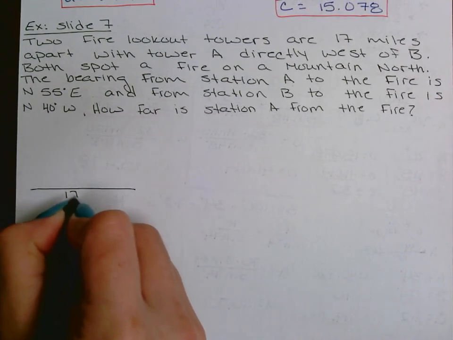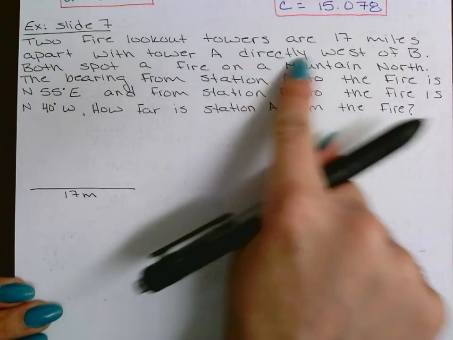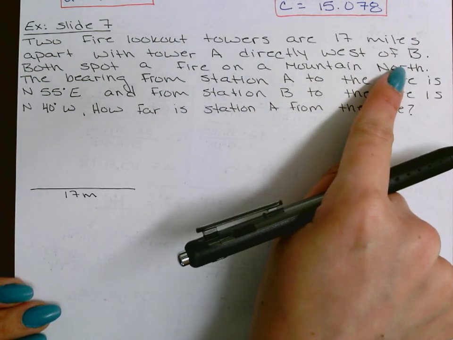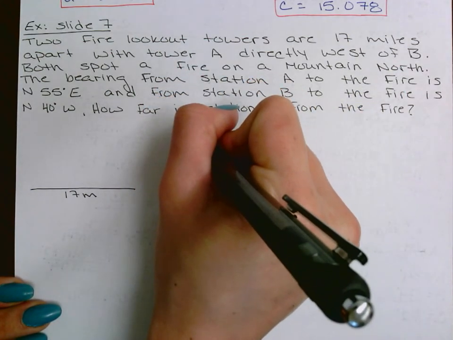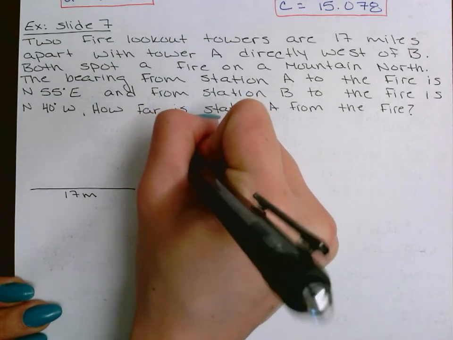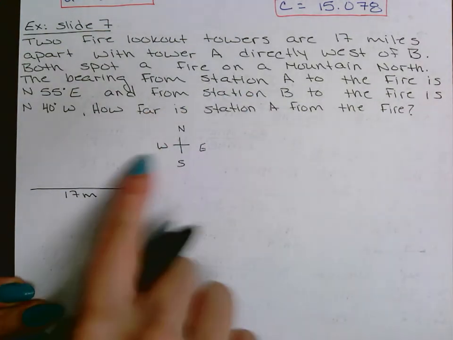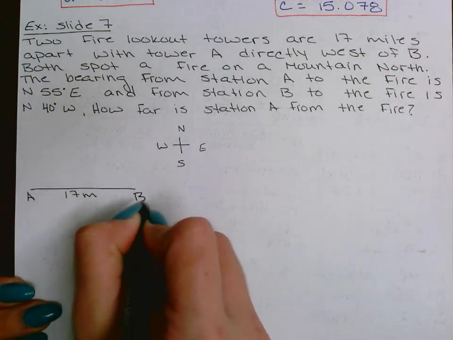They're 17 miles apart. Okay, it says Tower A is directly west of B. So if we remember, north, east, south, and west. West means something is left. So that means this is Tower A and this is Tower B.